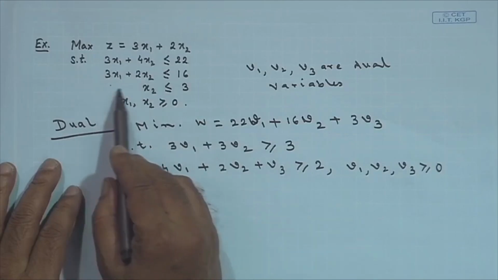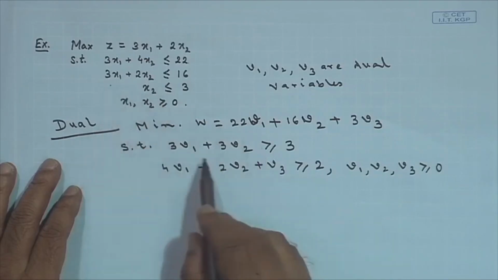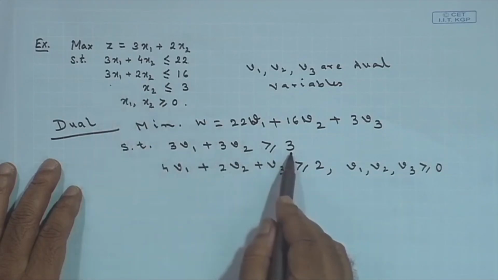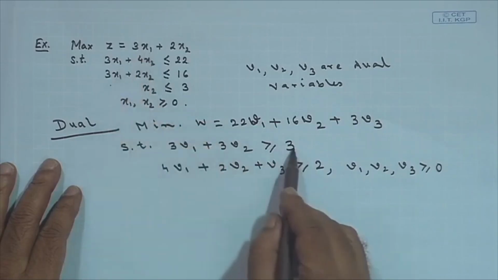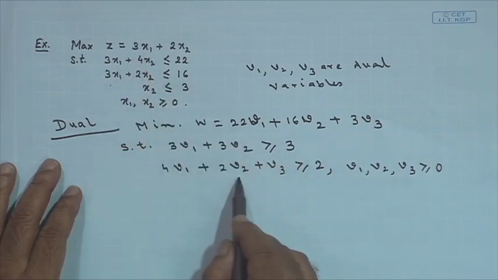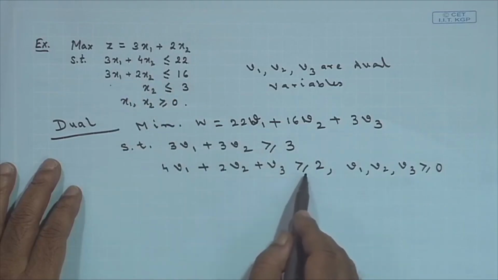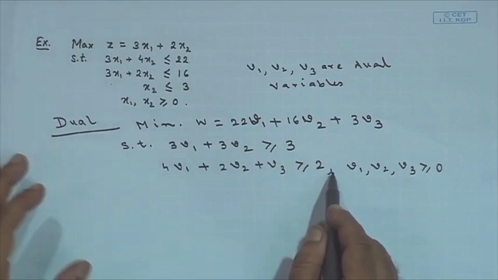For the third constraint there is no coefficient for x1, it is 0. So, 3 V1 plus 3 V2 greater than equals 3. This 3 is coming as the coefficient of x1 in the objective function is 3. Similarly, you take the second column, that is 4 V1 plus 2 V2 plus V3, which is greater than equals the coefficient of x2, that is 2 in the objective function.